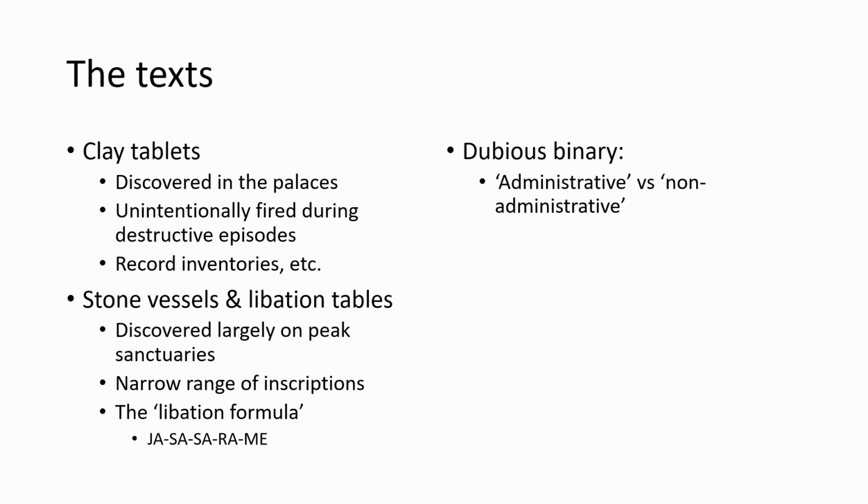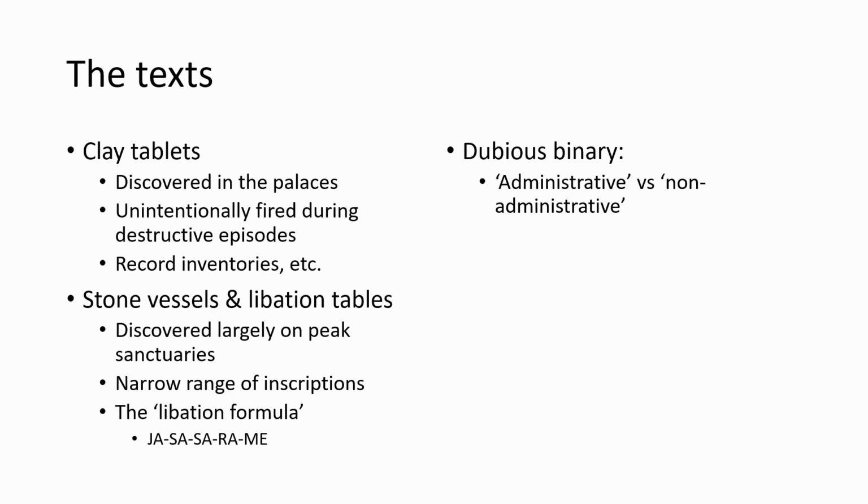We can recognize numerals and signs for goods, so we assume that most of these tablets recorded inventories of the palaces. We don't believe that these tablets recorded literature or personal correspondence. So this is quite different maybe from what we'd hope, I suppose.